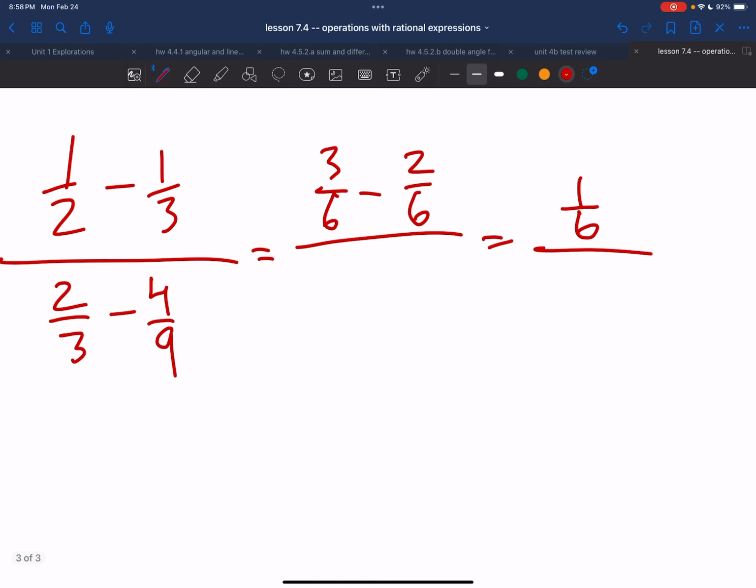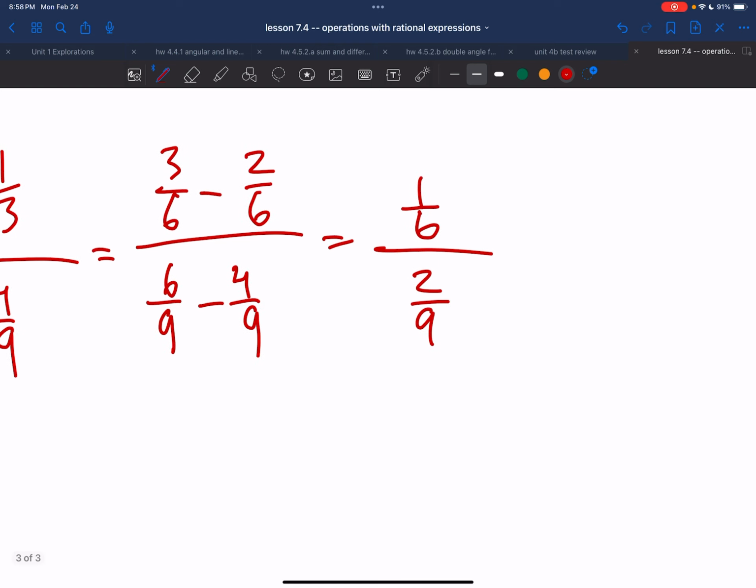Then you just repeat this in the denominator and combine 2/3 minus 4/9. 2/3 would be equivalent to 6/9 to make those in terms of ninths, so you could subtract them to get 6 minus 4, which is 2/9.